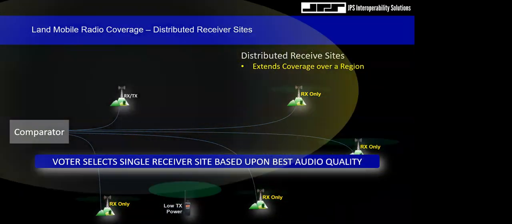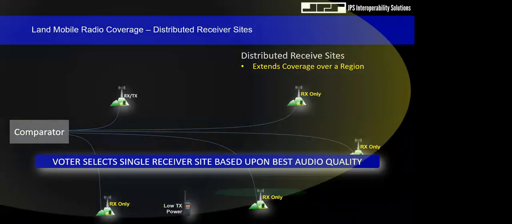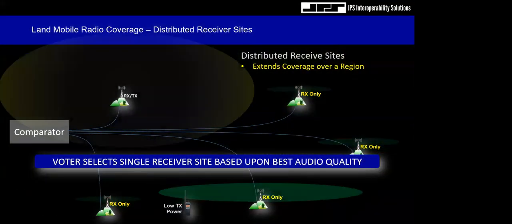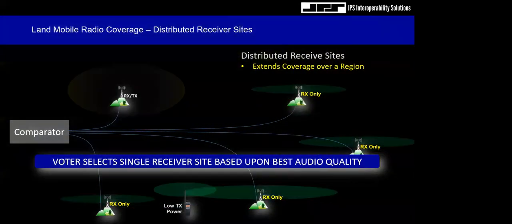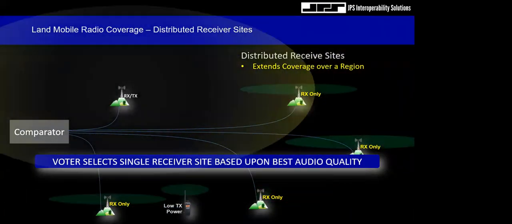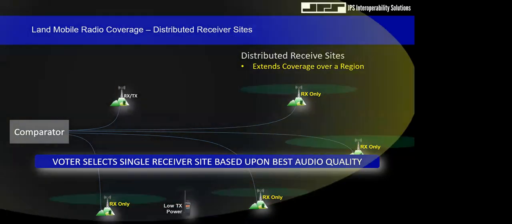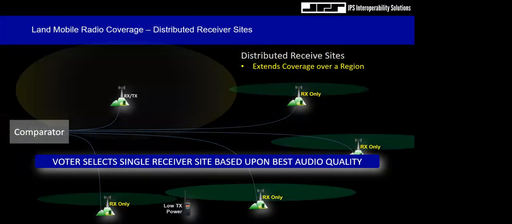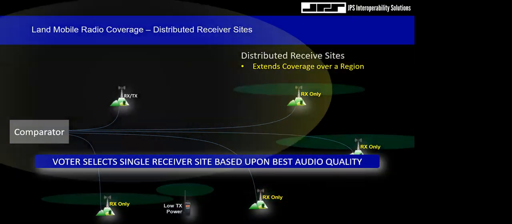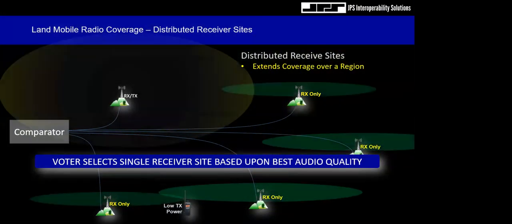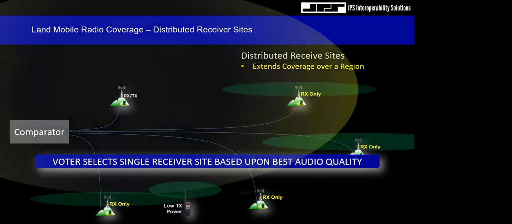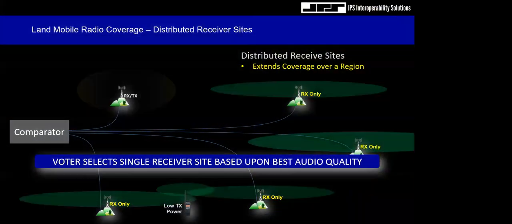I can take that receive audio and deliver it to what we call a comparator. The comparator is a piece of hardware that does exactly as it describes. It will compare the quality of receive audio from my multiple distributed receiver sites, and then select a single receiver site with the best quality audio, not the loudest audio, but the audio of the highest quality, meaning less noise.